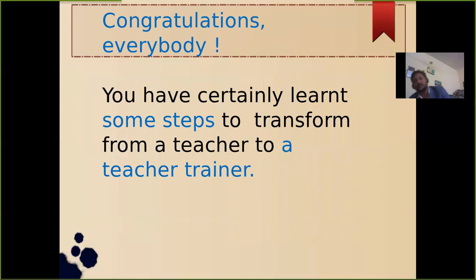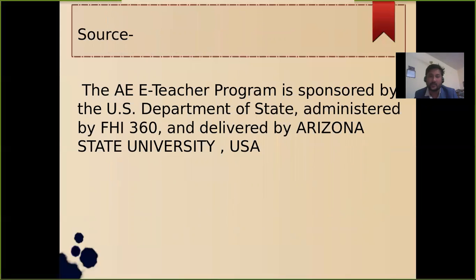So I think this step is really good for you to transform from a teacher to a teacher trainer if you really apply it in your real life context. I got these ideas from Arizona State University. I took an e-teacher course and program in 2019.